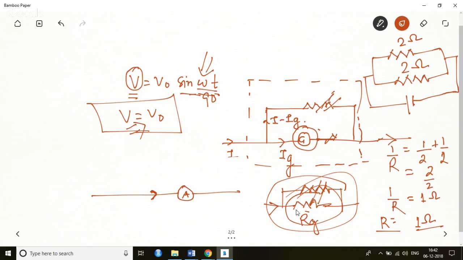Generally it is not zero, so to make it small, we shunt it. That is why it is written in your book that a resistance connected in this way is called a shunt. Only a small part of the total current passes through the galvanometer and the remaining current passes through the shunt. So in this way the current measuring happens over here. Did you understand this concept?